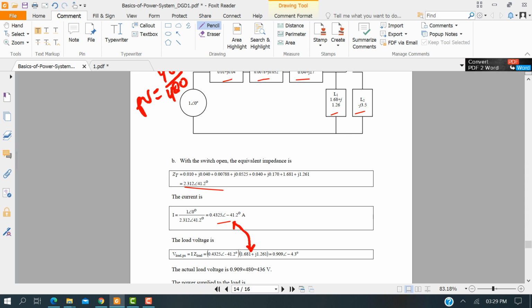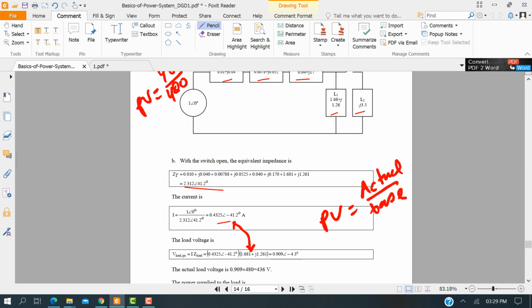So what would be the actual value? The actual load voltage. The formula is the same: per unit equals actual divided by base. So we got the per unit value. The actual value is just base times per unit.